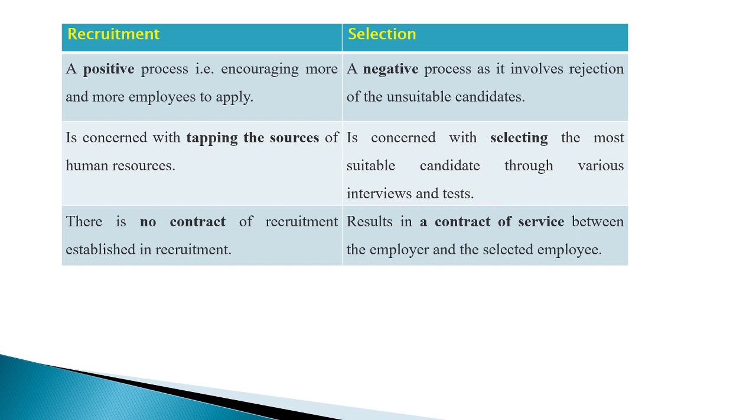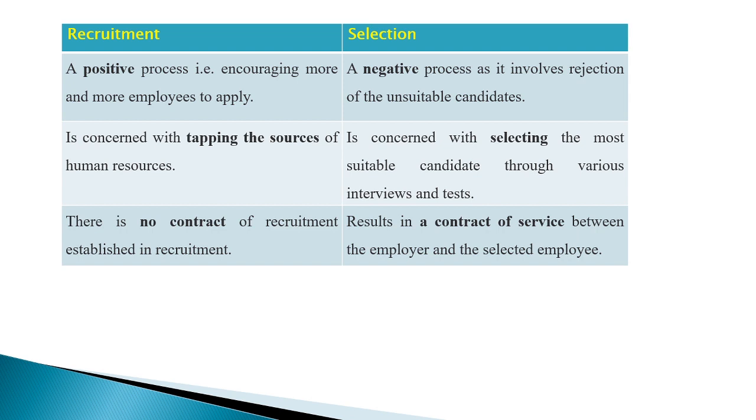Recruitment is also the tapping of various sources. And what are the sources? We will be covering it in detail, like campus placements, print media, and job portals. These are all the various sources. When we are trying to recruit, we are tapping the best mix of these resources. And then selection is choosing the most suitable candidate through various interviews and tests.